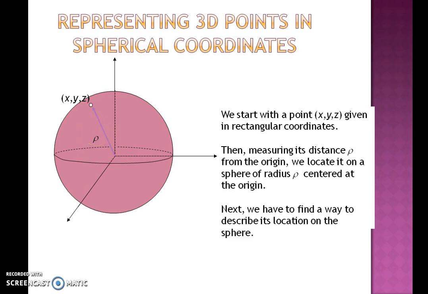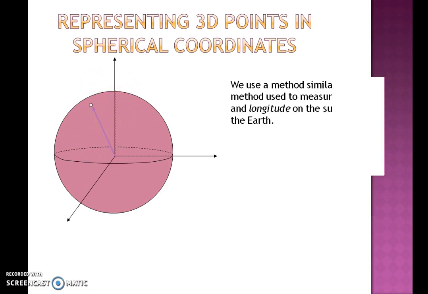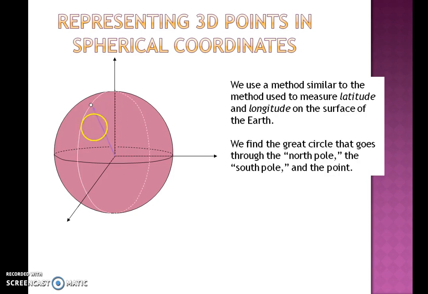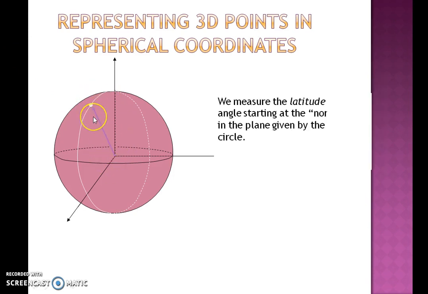Next, we have to find a way to describe its location on the sphere. So if you draw the sphere, find a great circle that goes from the north pole to the south pole, then locate this point on it.